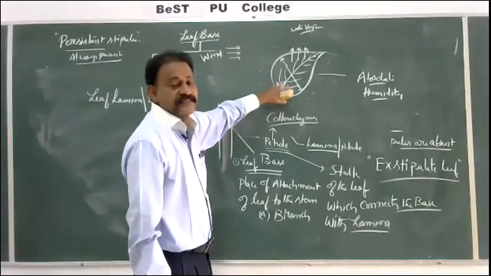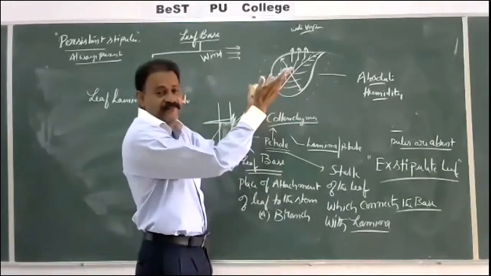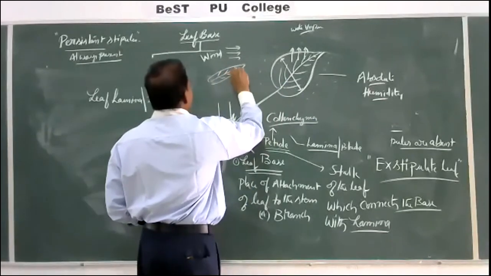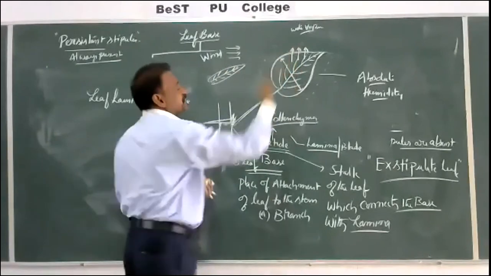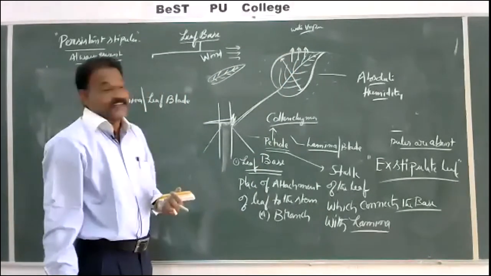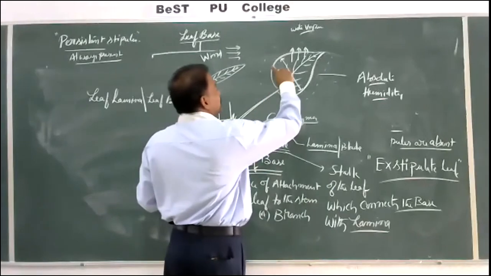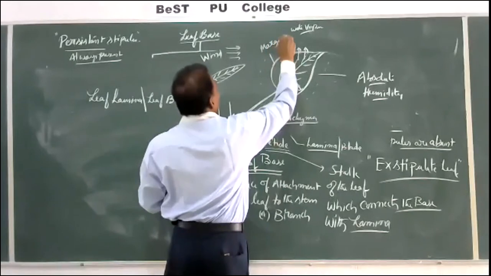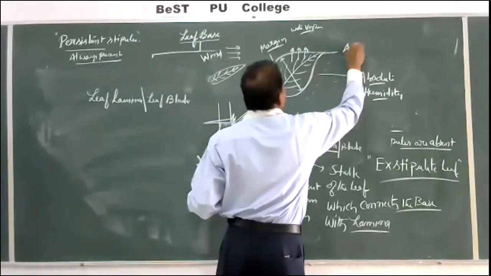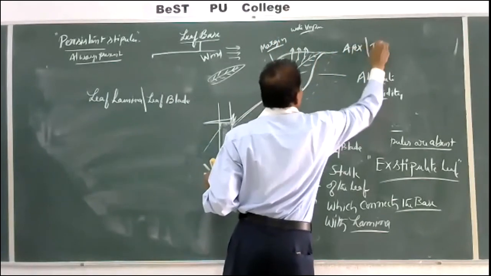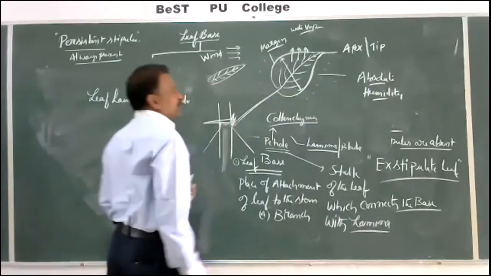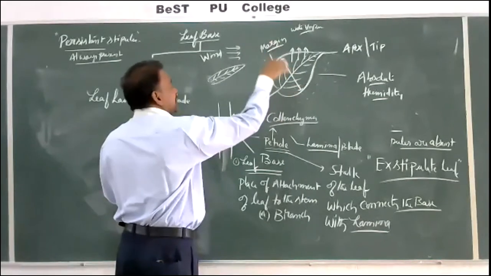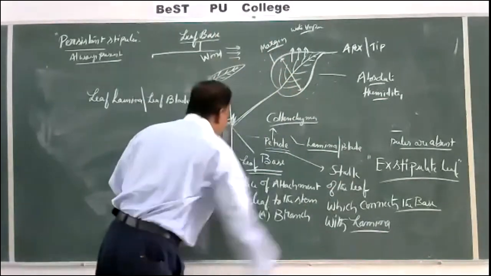Generally in dicot plants, the surface area varies. Some leaves have a small surface area, and there are different shapes of leaves. This is called the margin, the leaf margin or lamina margin. This is called the apex or tip, the leaf tip. So the expanded green flat structure responsible for photosynthesis is called the lamina.